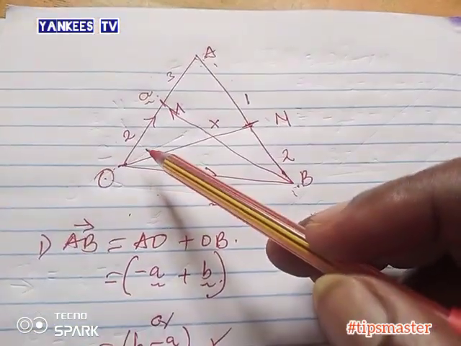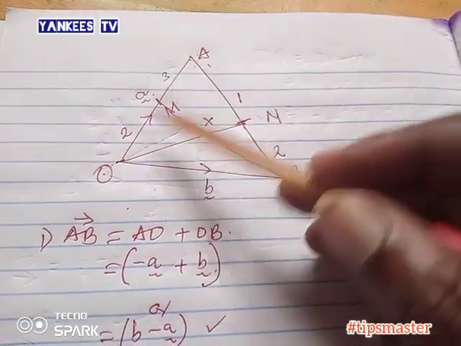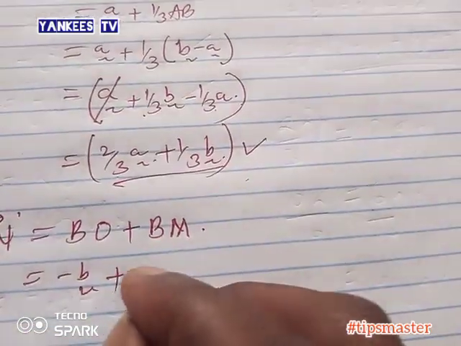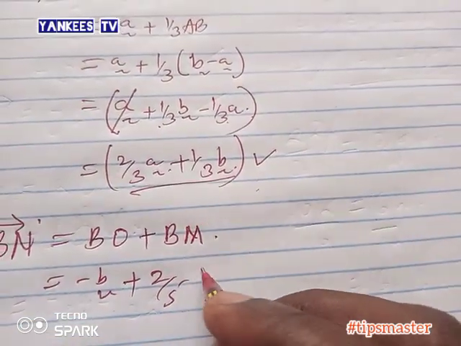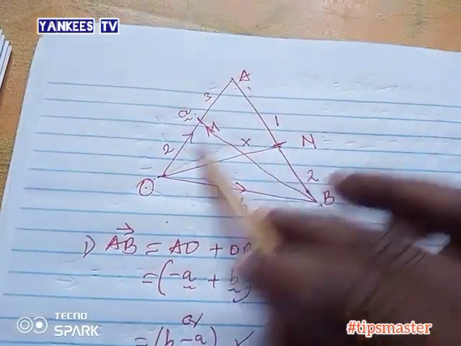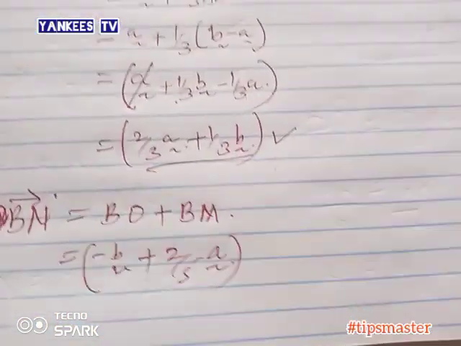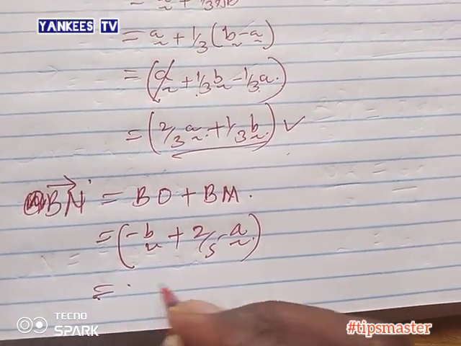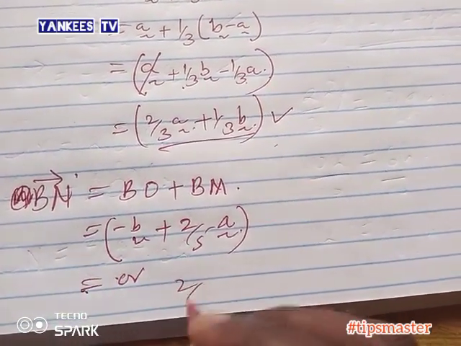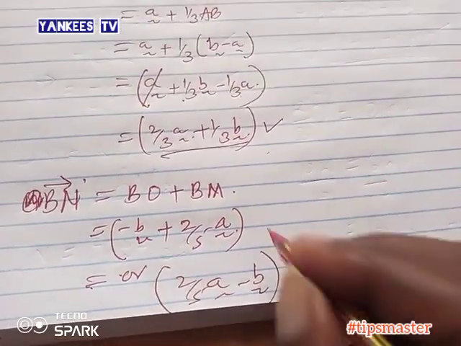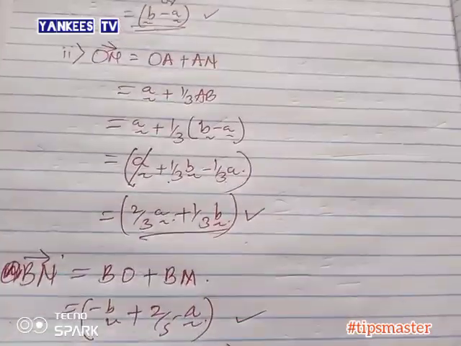As we come to the diagram, OA is a unit of 5 divisions, so we are just going 2 of the 5. So 2 out of 5 of vector A, because we are running along vector A. This is simple. We can leave it there, or we just say 2 over 5 A minus vector B. So they are still all equal.